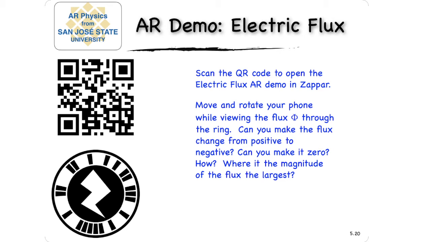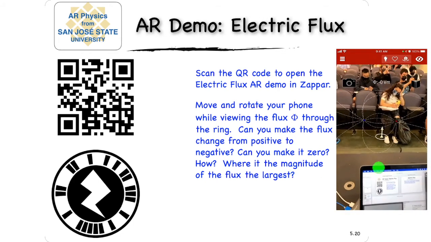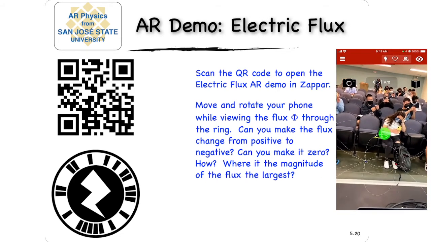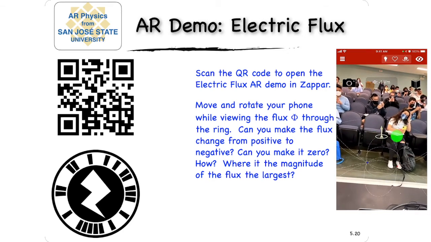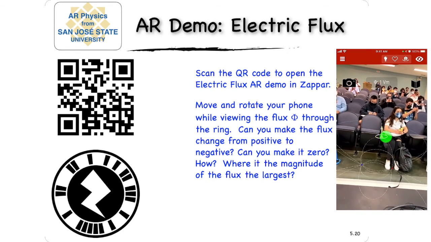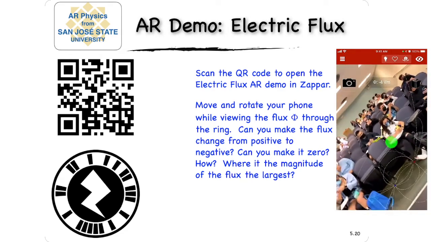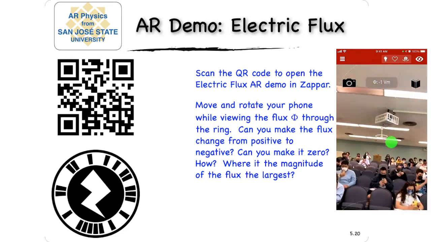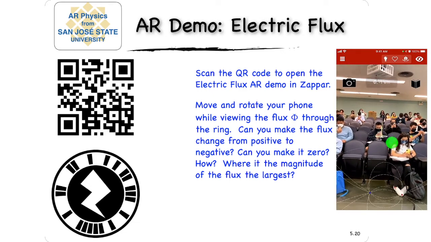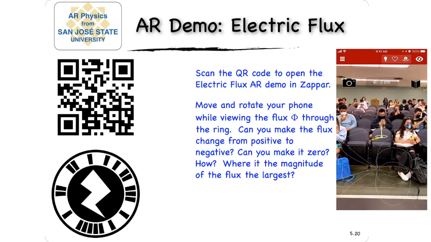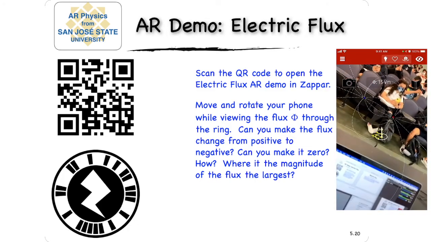There are a couple of things I want you to pay attention to. First, in the middle of your phone, you'll see a little white ring with a white arrow pointing perpendicular to that ring. As you rotate your phone, that arrow will stay fixed. You'll also see some yellow arrows at the ring.